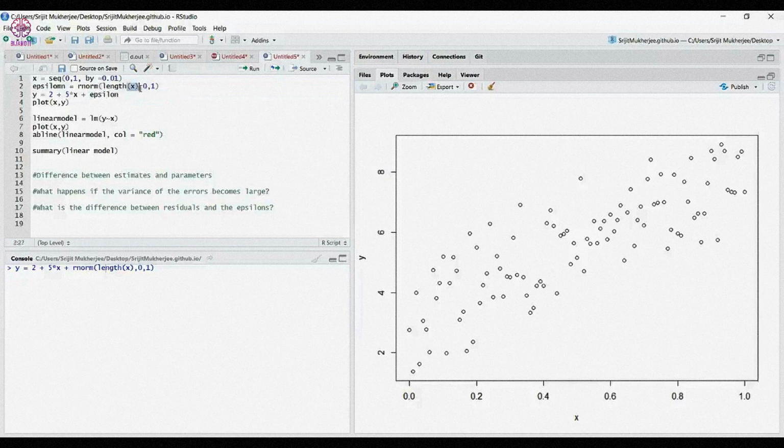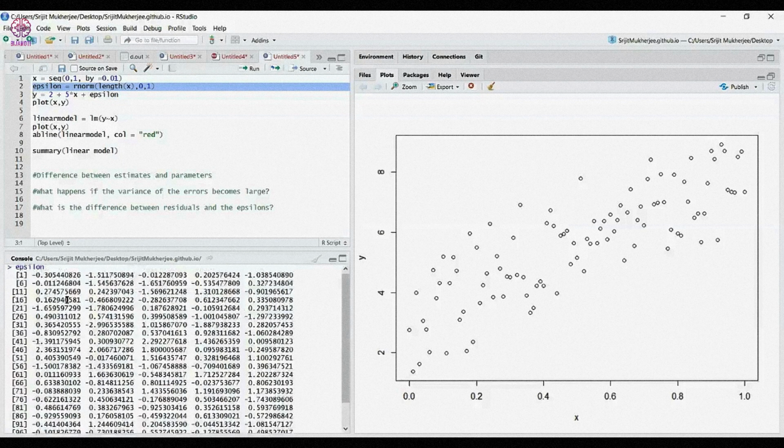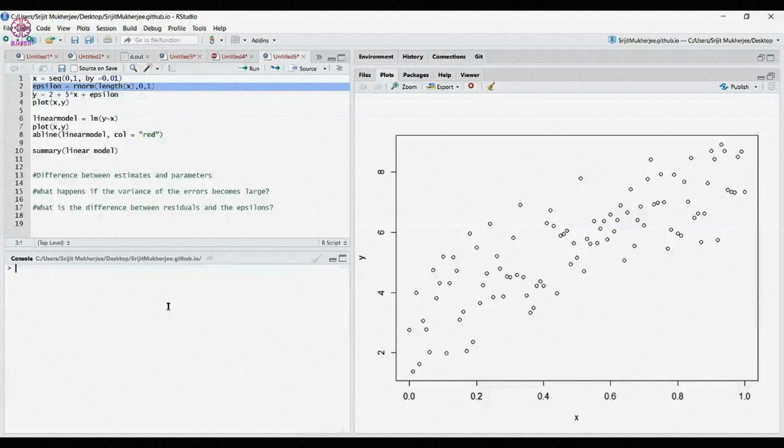Let's simulate epsilon i. Oops, I have spelled this wrong. Okay, let's try to see what epsilon looks like. It looks like this, right? So it's a sequence of normal epsilons. Let's not go into whether it's normal or not. It's obviously normal.